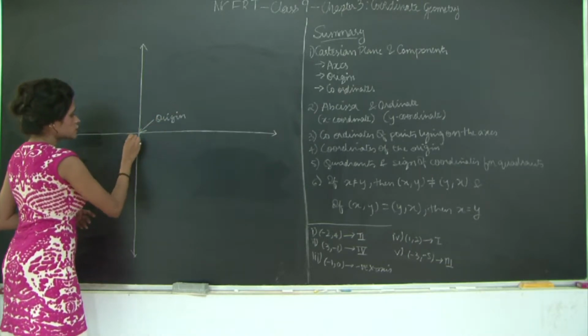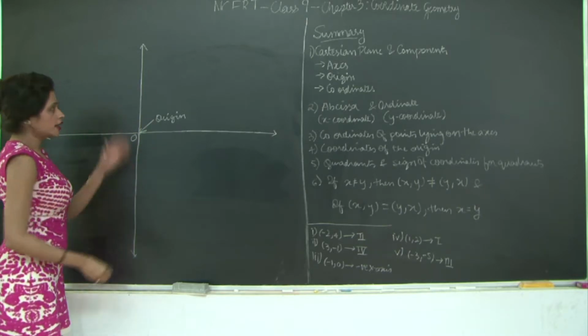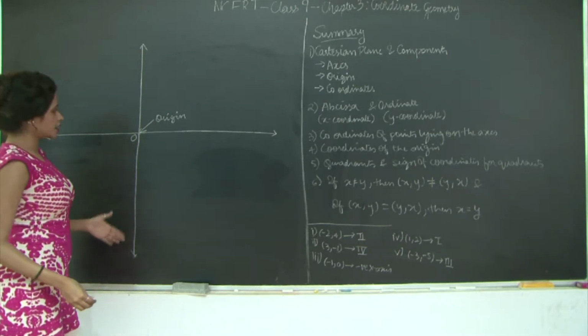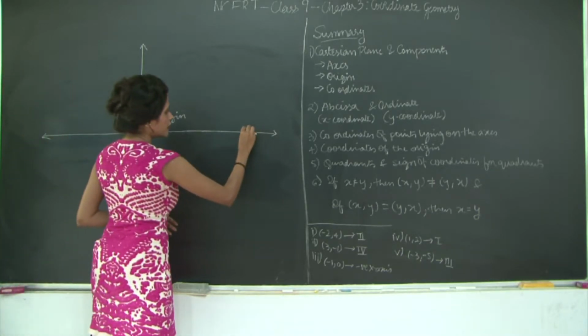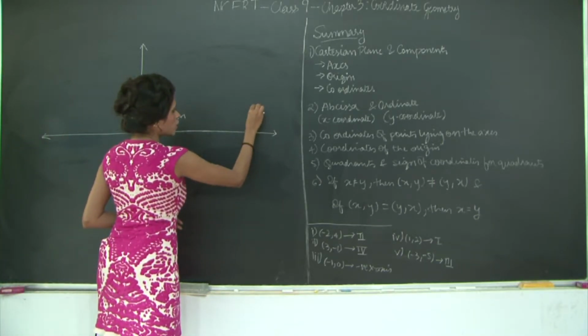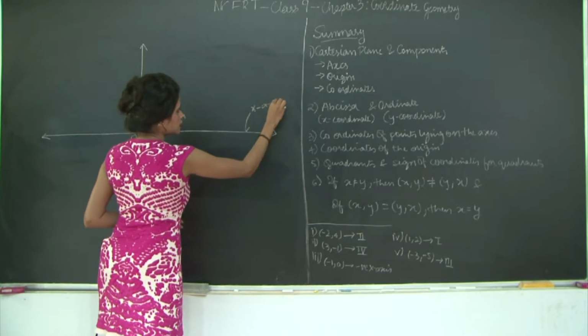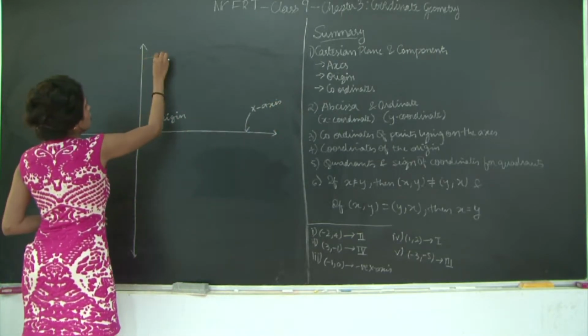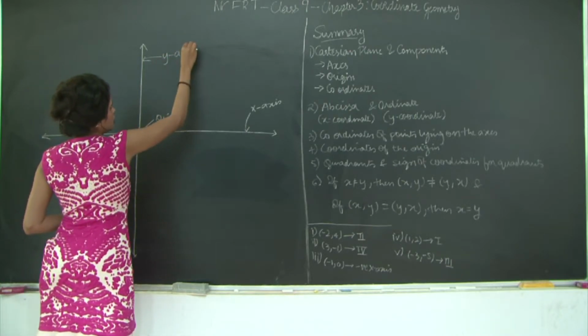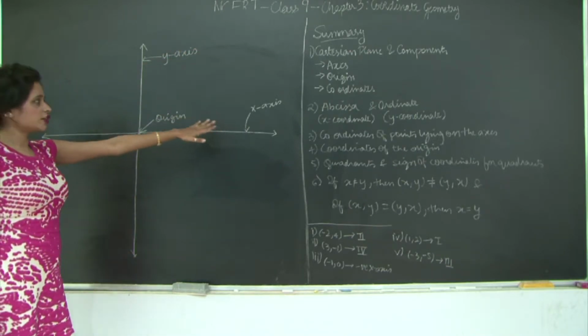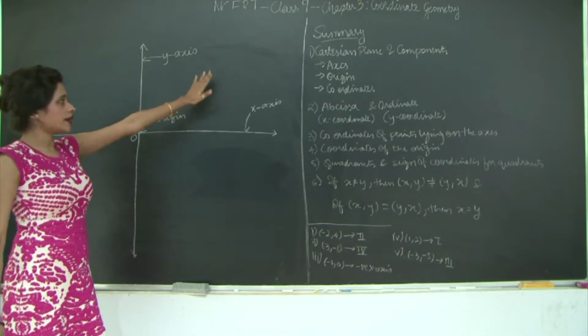So this is also 0 for both your number lines, that is for the vertical number line and the horizontal number line. Now this horizontal number line is called the x axis and this vertical number line is known as your y axis. And when you want to refer to both of them together, you are just going to call them the coordinate axes.